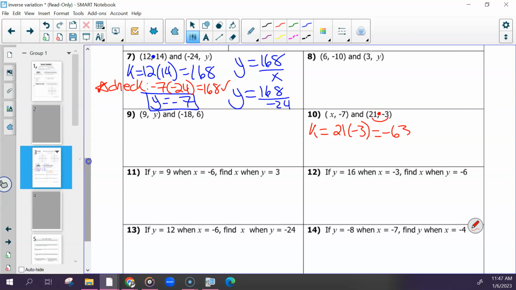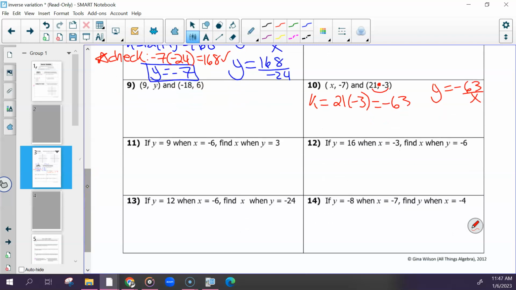Y equals -63 over x. And then look at what you're given, what you're missing. Here we don't know x, but we know y. How would we solve for x?